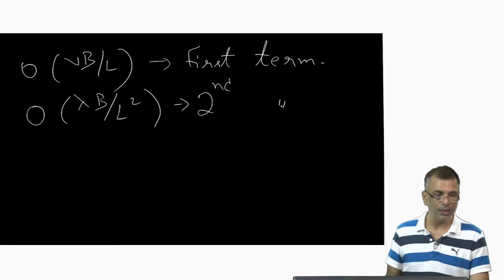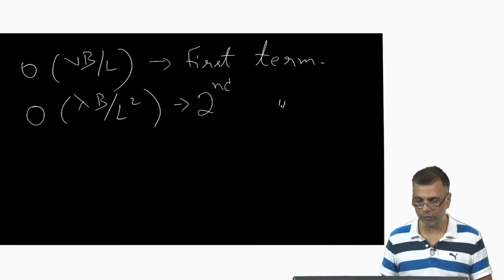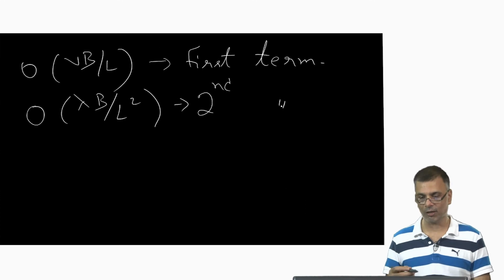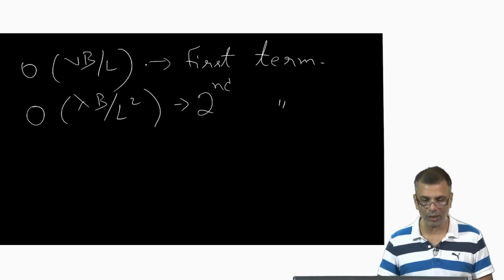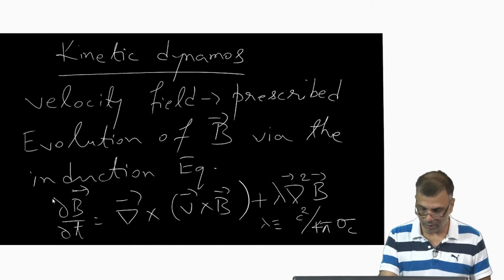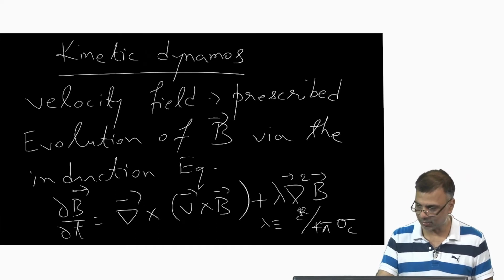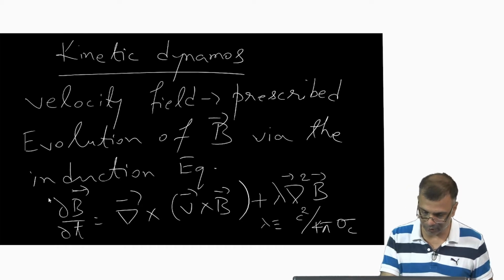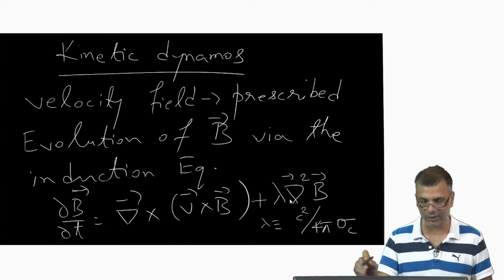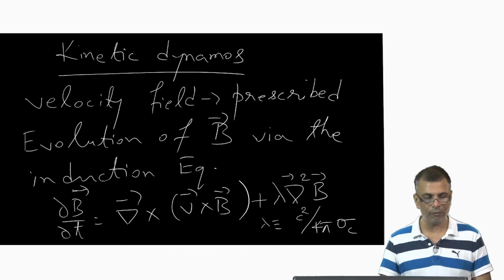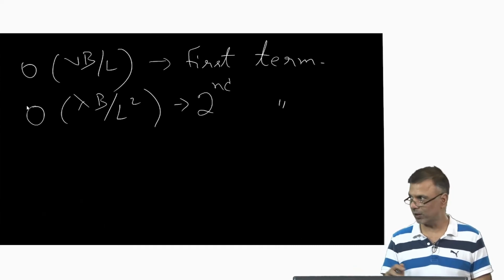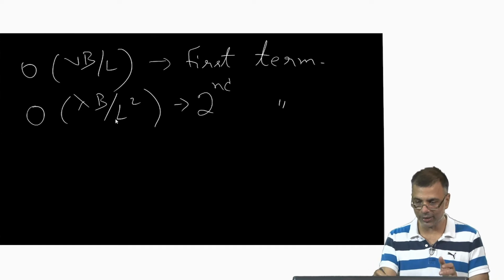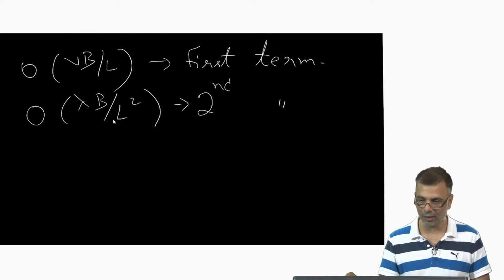Now, if you calculate the time scale of decay by considering only the resistive term, with the first term not being there, this gives you the time scale of decay. You can figure that out only from the length scale and the conductivity.